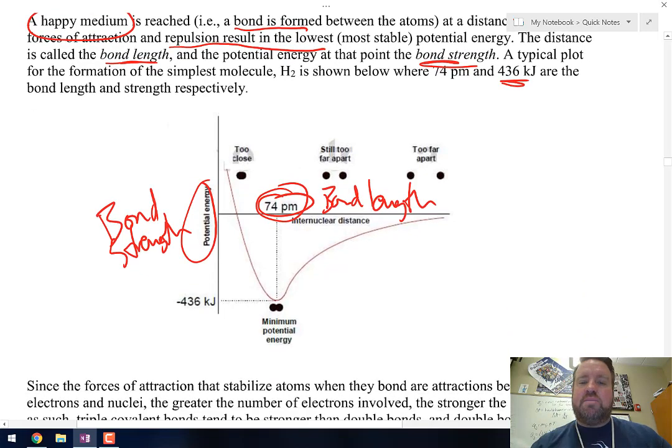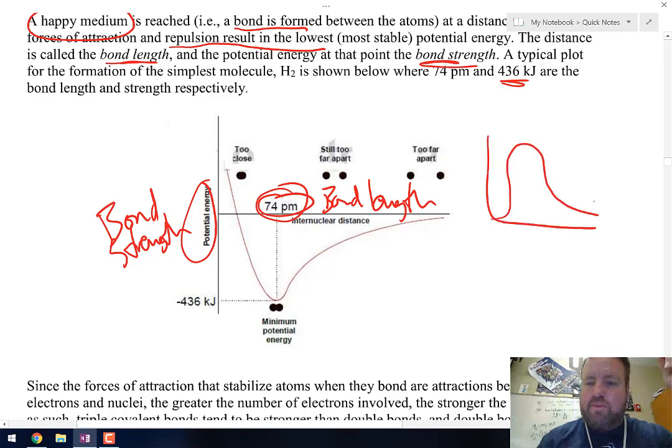Now something to think about here: just like when we do those Maxwell-Boltzmann drawings with the activation energy, this is the low temperature, this is the high temperature.